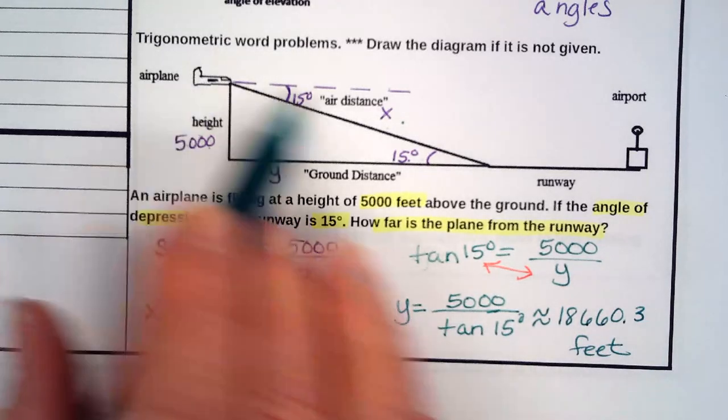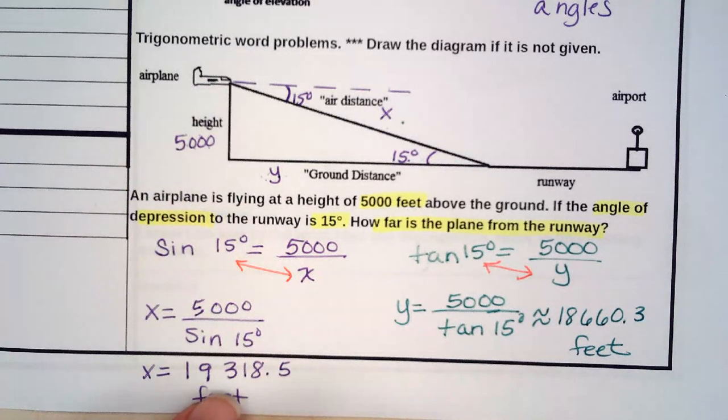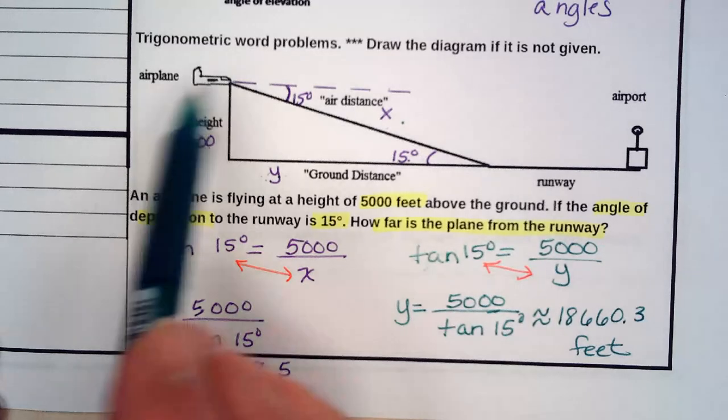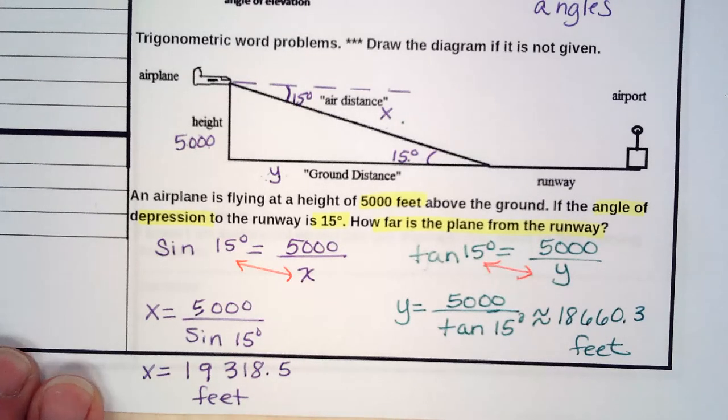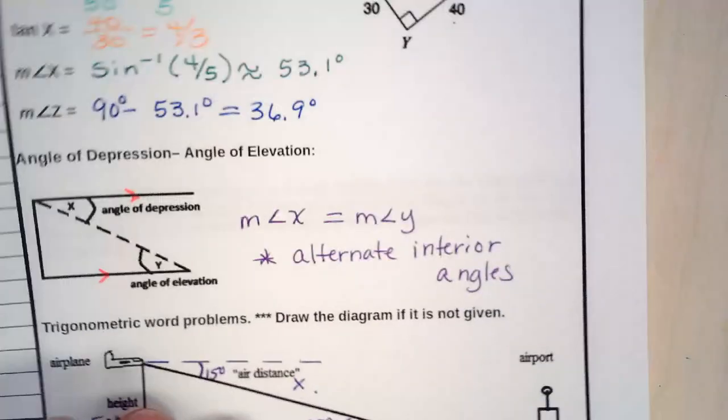If you're looking at the actual distance, it would be 19,318.5 feet. These two sides are smaller than your hypotenuse, so it does work. If you have any questions, back the video up and look at it again.